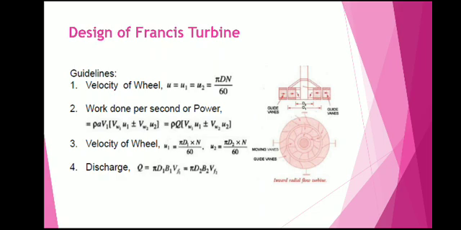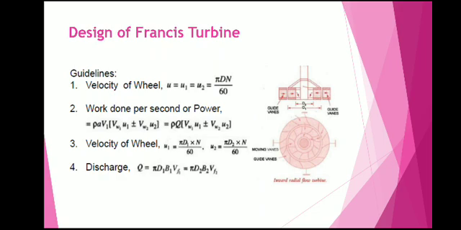Then the important design relations of the Francis turbine. The velocity of wheel u equal to u1 equal to u2 equal to pi D N divided by 60. And second, work done per second or power, rho a V1 into (Vw1 u1 plus or minus Vw2 u2). It should be equal to rho Q (Vw1 u1 plus or minus Vw2 u2).